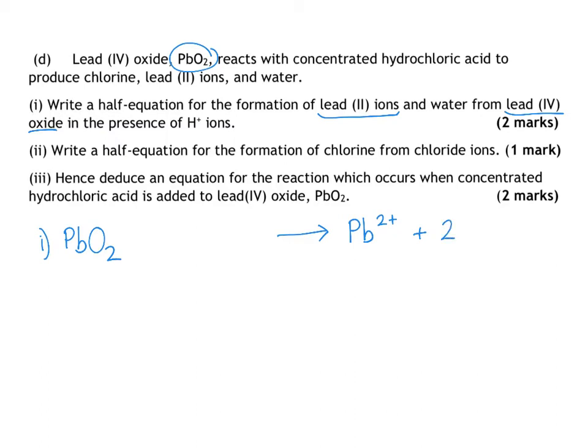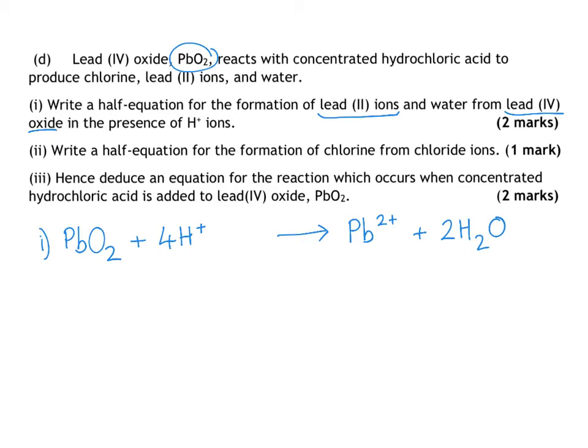So my next thing would be to add 2 waters, because I have 2 oxygens on the left hand side. Now I've balanced the water, I need to balance the hydrogen ions. And again, I can do that because I've got 4 hydrogens on the right, so I need 4H+.